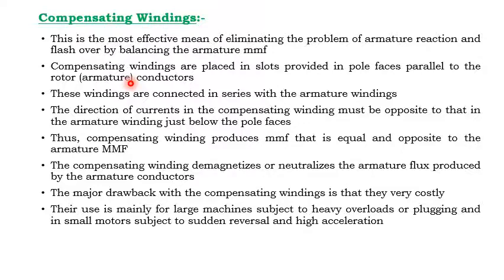These windings are connected in series with the armature winding. The direction of current in the compensating winding must be opposite to that in the armature winding just below the pole faces. Whatever the direction of current in the compensating winding, it is just opposite to that of the armature winding.